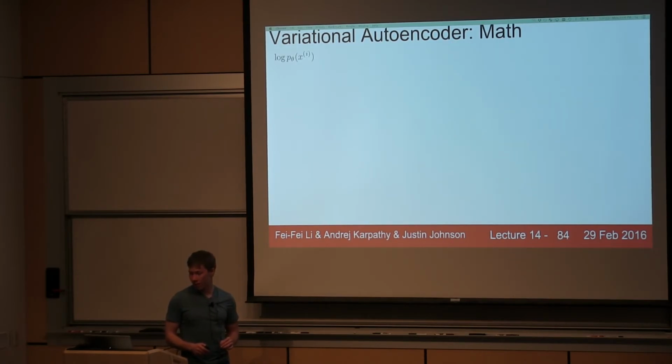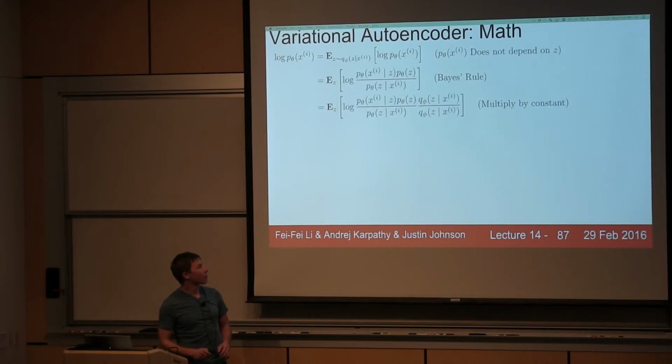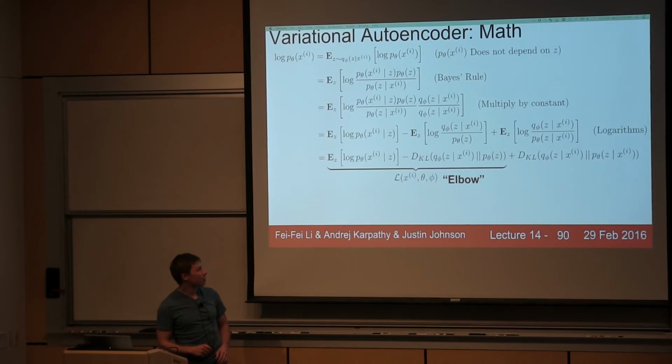So instead, the variational autoencoder does this thing called variational inference, which is a pretty cool idea. And the math is here in case you want to go through it. But the idea is that instead of maximizing the log probability of the data, we're going to cleverly insert this extra constant and break it up into these two different terms. This is an exact equivalence that you can maybe work through on your own.